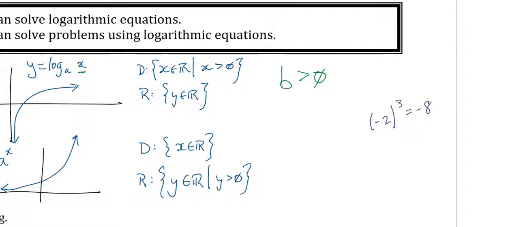Base stays the same. And then the other parts flip. Punch it in on your calculator. Log, if you can, log base -2 of -8. And hit equals and tell me what you get. In other words, you should get 3, isn't that right?